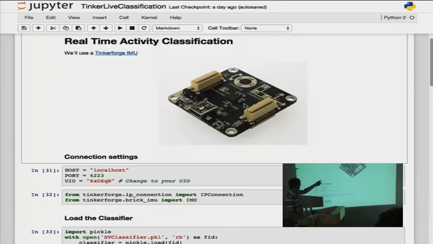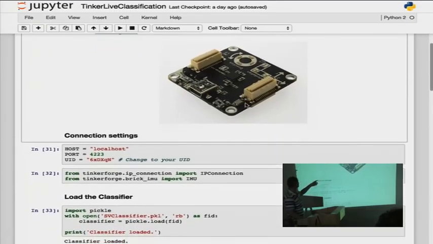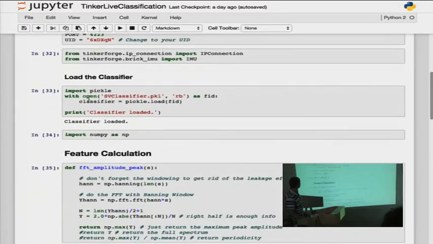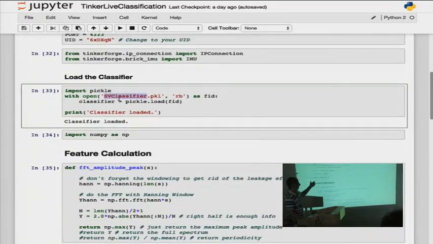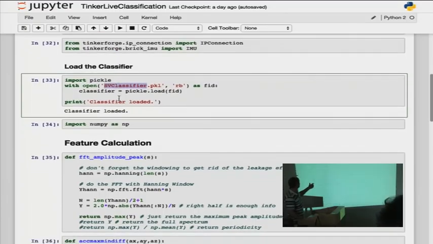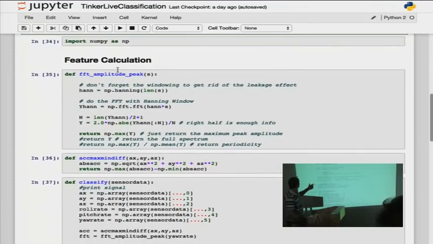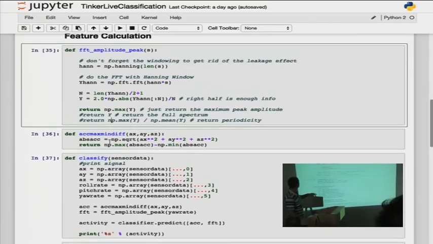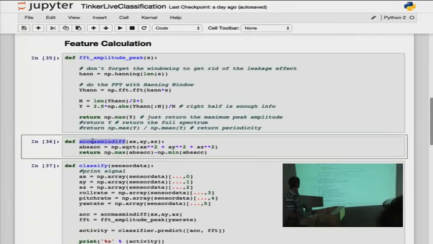So, like I said, the TinkerForge IMU, I'm connecting to it with some code. I'm loading the classifier we developed. I calculate the features from the raw sensor data. Both features: here is the FFT amplitude peak and here's the X acceleration max min diff.